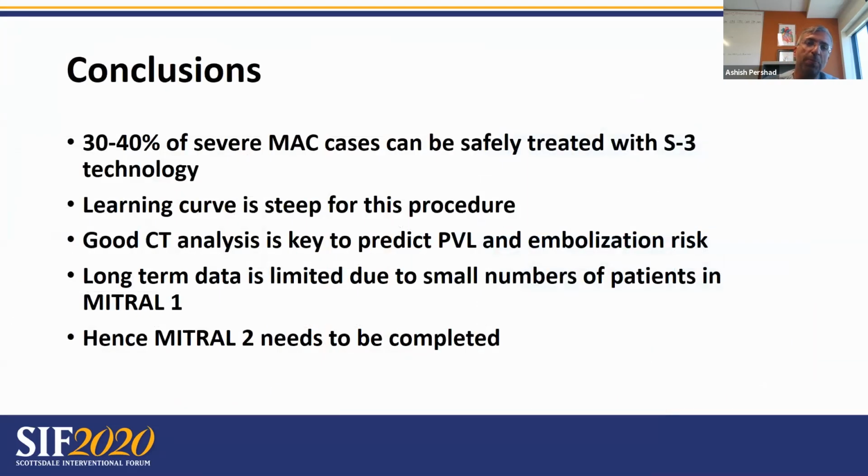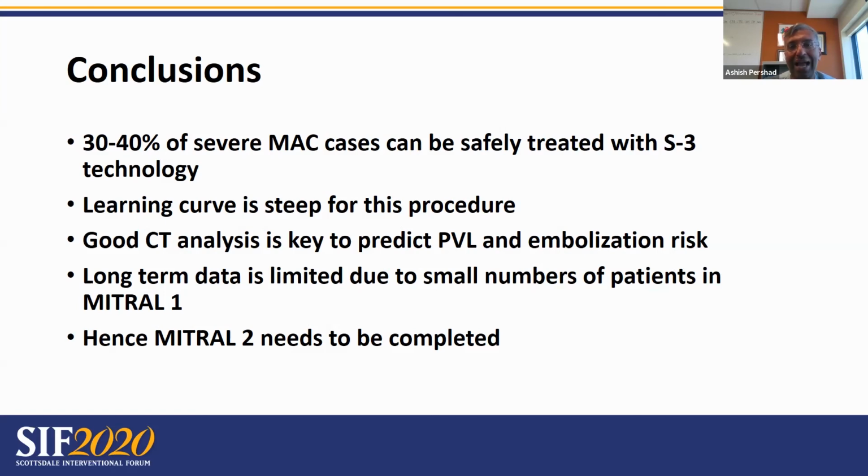In conclusion, my takeaways are as follows. I would think that maybe 30 to 40% of severe MAC cases can be safely treated with the currently available S3 technology, transseptally.